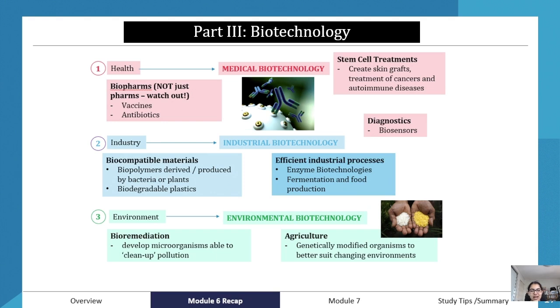So that is again something that is being constantly researched and improved. We also have the use of enzyme biotechnologies and processes like fermentation and food production that once again play a huge role in making industrial processes more efficient.